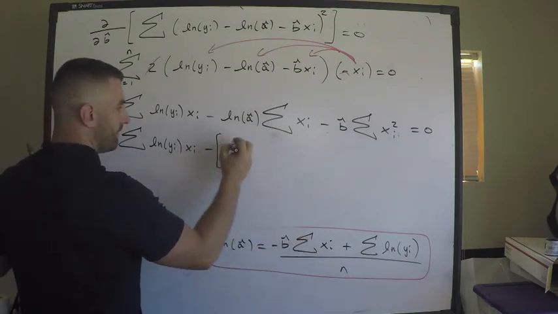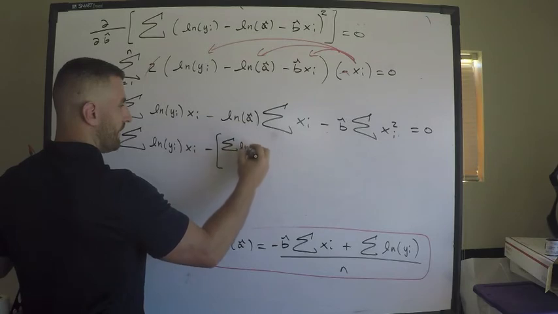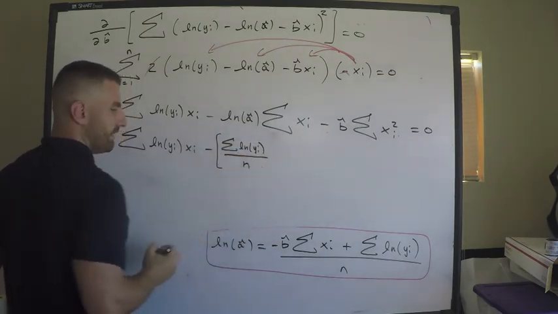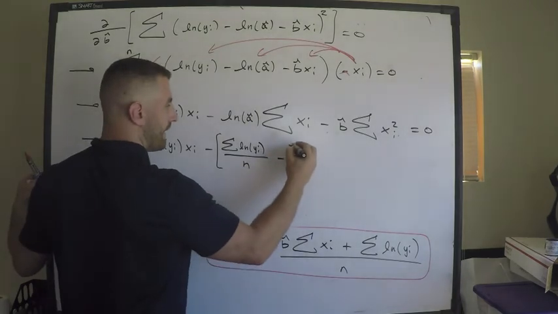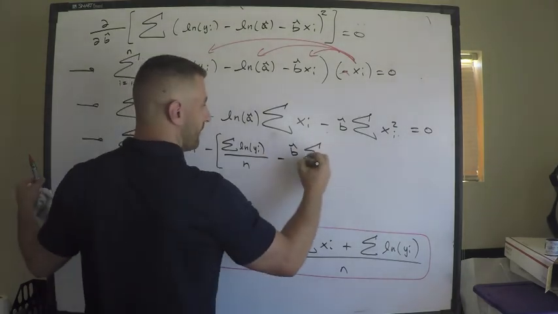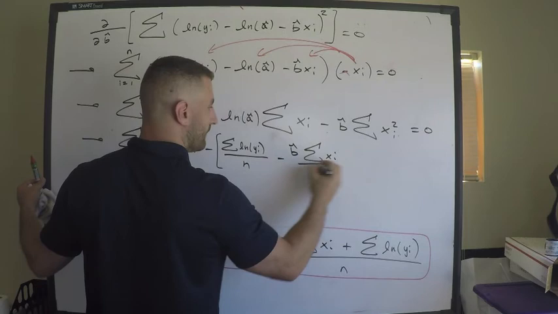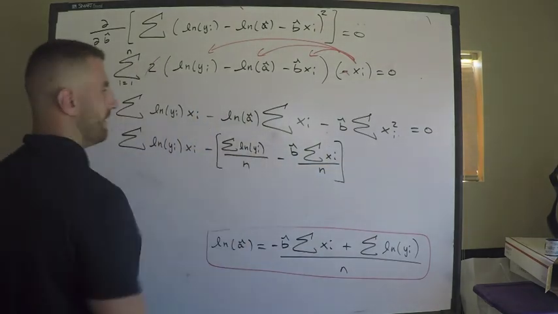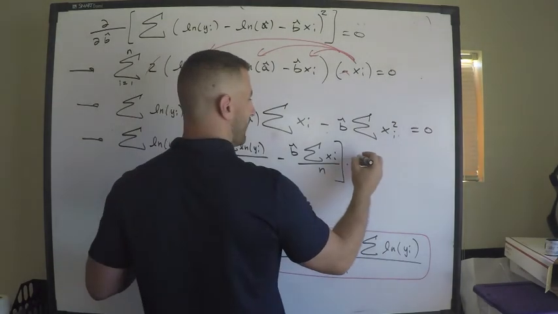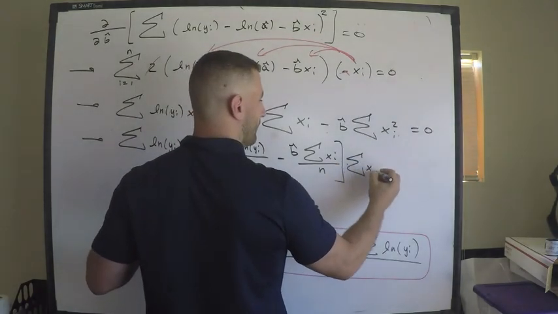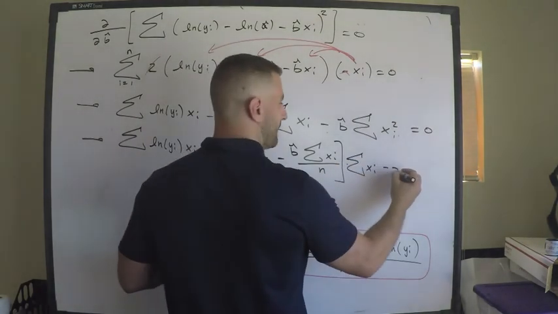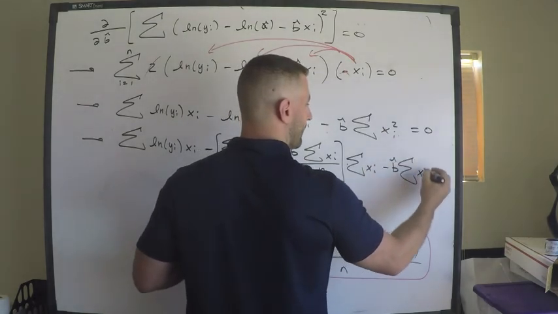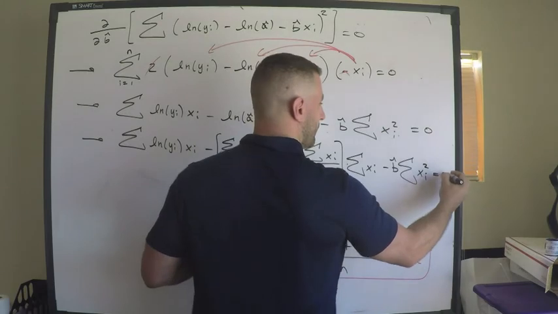So I have the sum of ln yi divided by n, and then minus b hat the sum of xi divided by n. This is being multiplied by the sum of xi, and then I have minus b hat the sum of xi squared equals 0.